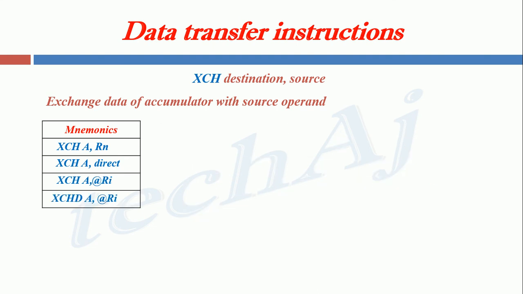Next instruction is exchange D. In this instruction, D indicates that it will exchange only the digit data, that is the lower digit of accumulator with the lower digit of data pointed by this address pointer.